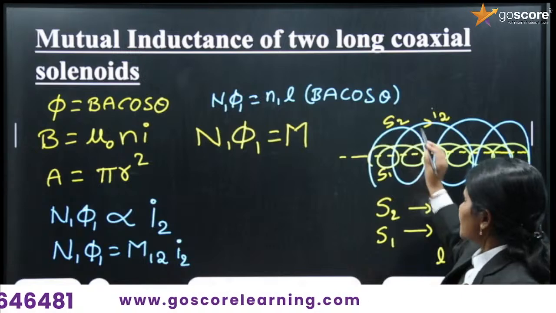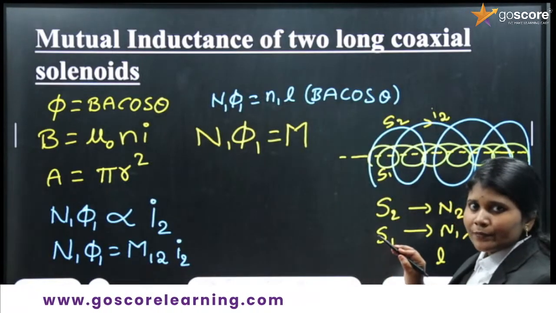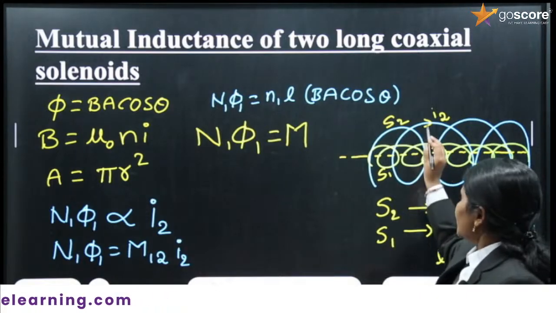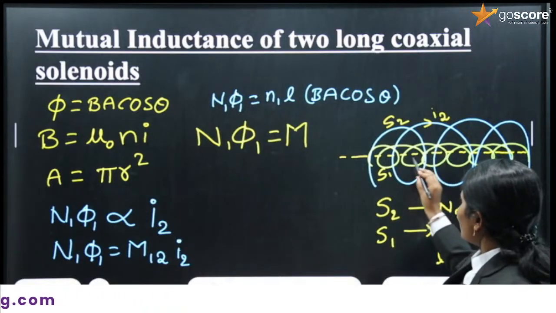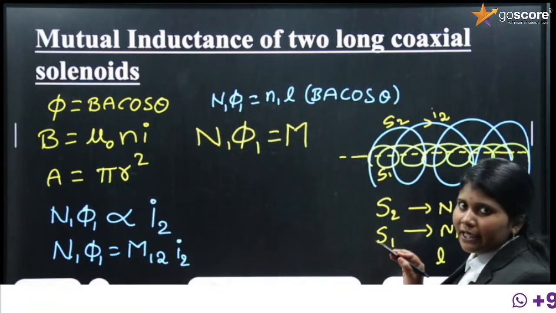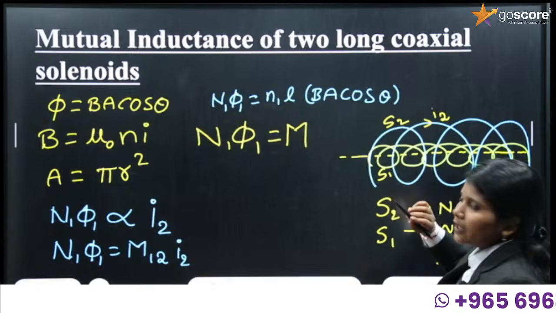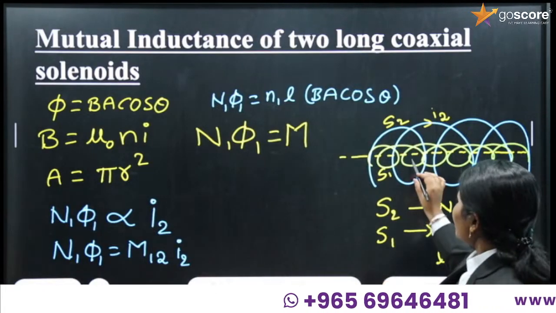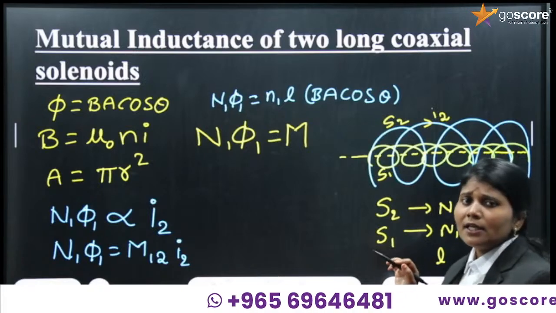The current is given to the outer solenoid, that is I2, but the flux is produced in the inner solenoid.